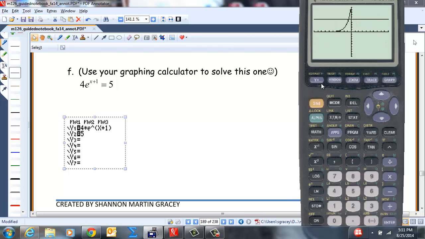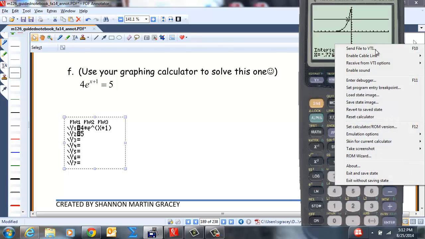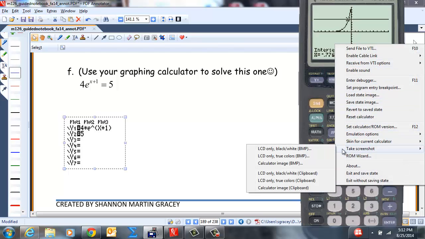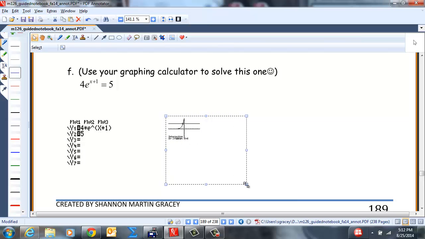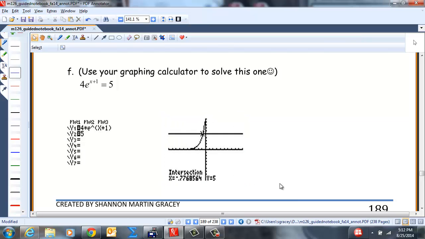So if we go to second, calculate, intersection, it looks like we'll have an approximate. Okay, so our intersection, let's go to 4 digits.